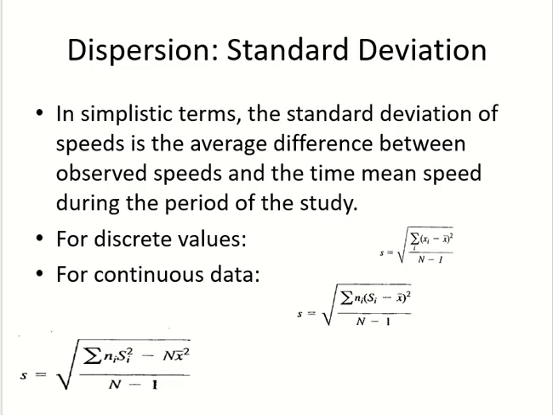This is the basic equation, and this is the simplified or expanded version of the same equation. So this one and this one are the same. They are not two equations. We basically have two equations: this one and this one. This one is used when you have no frequency, raw values. And this one is with the frequencies. This one can be transformed into the other as well.